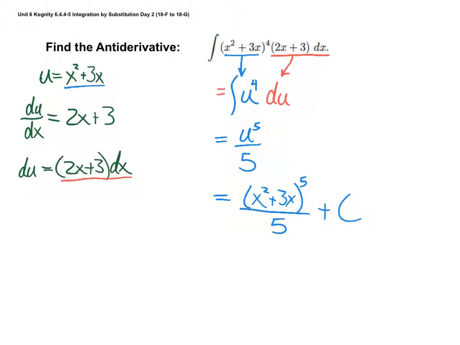Now, another way of viewing this, and I had never seen anyone do this until kind of recently, but it might help you. If you're a little bit confused, this might make more sense.